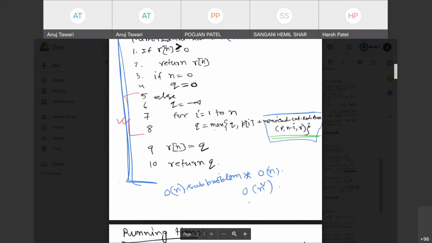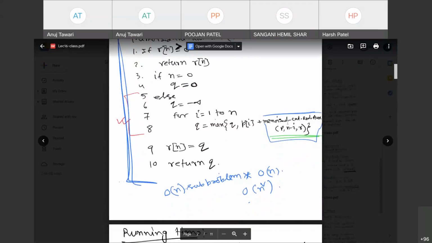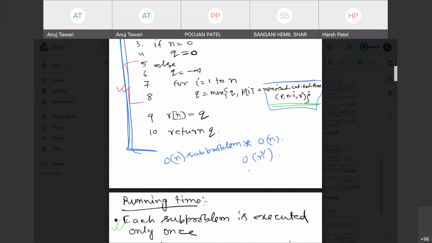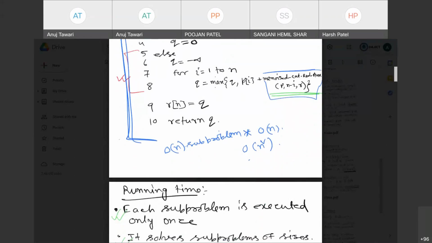So that is why it's called top down with memoization, because you are memorizing the values which we have already computed and storing them in some array. And once we have calculated this value, we don't have to compute it again and again.